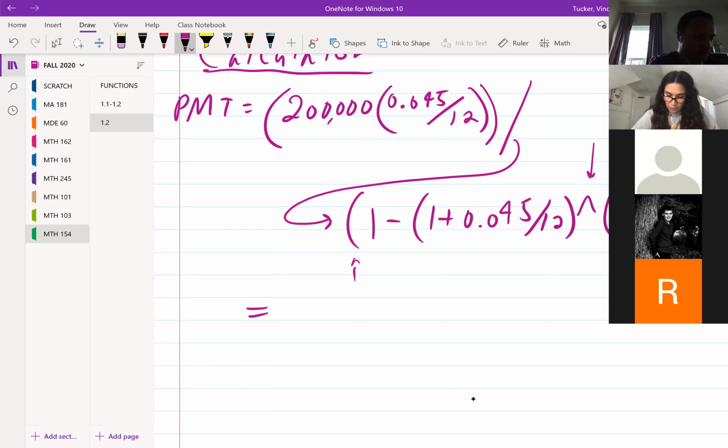But almost finished. So close that off. Oh man, I did all that and this one doesn't have the exponent function.